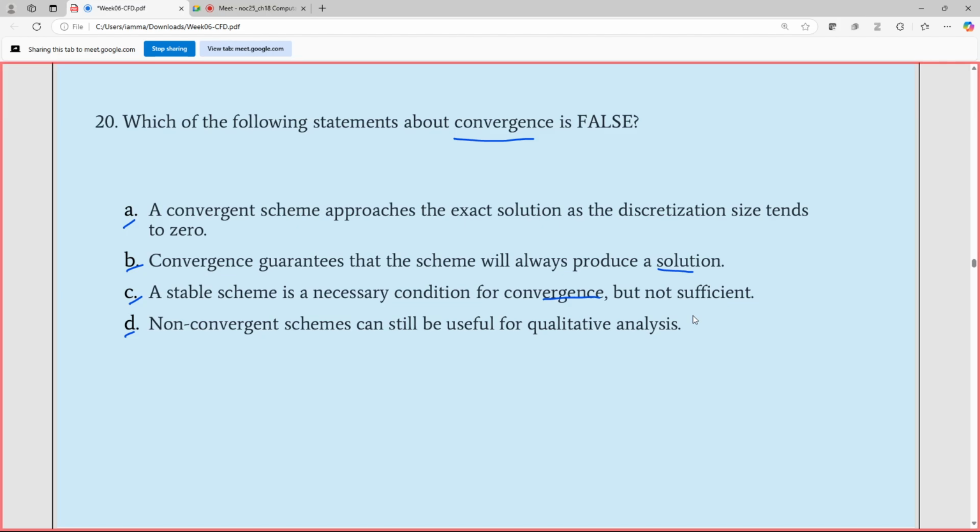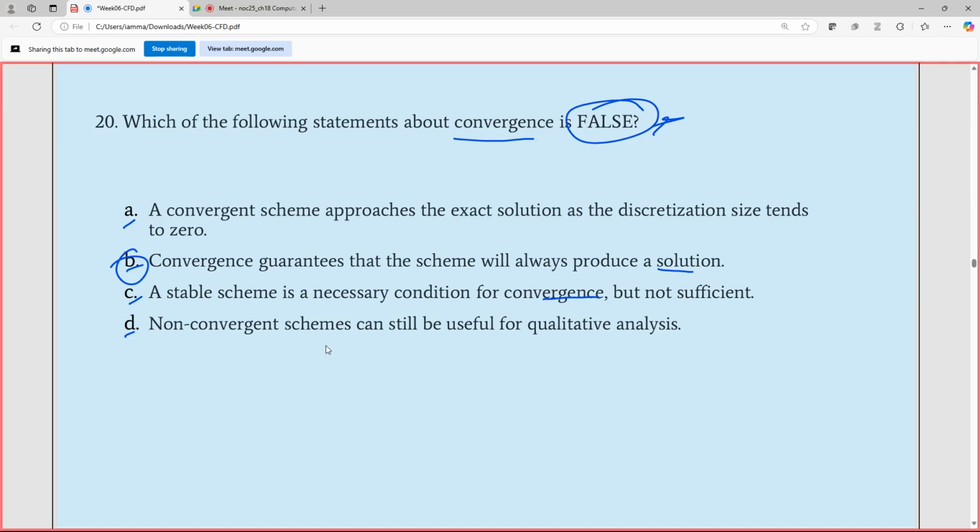The answer is option B. That is, the question is for finding the false statement. So option B, that is convergence guarantees the scheme will have a solution. No, the convergence does not guarantee for a scheme to have a solution. Whereas a stable scheme is necessary condition for convergence, but it is not sufficient for convergence.